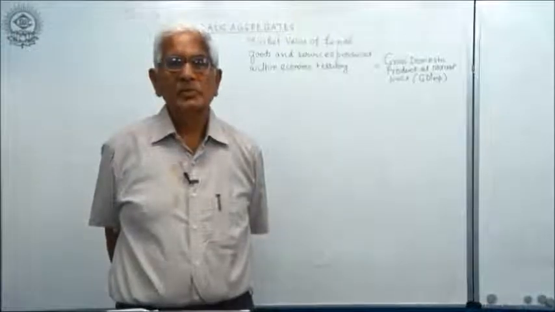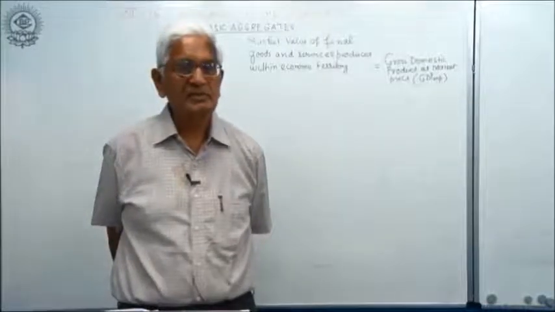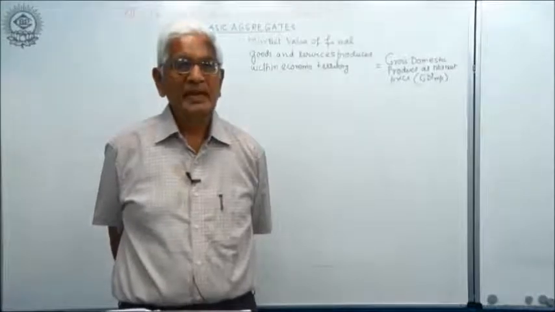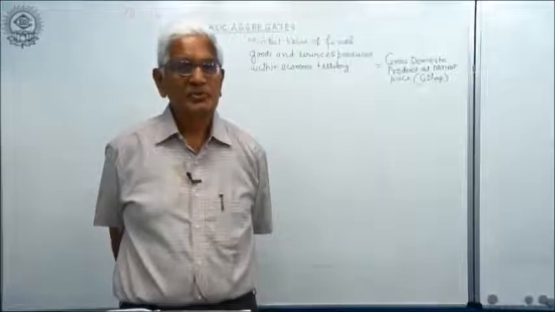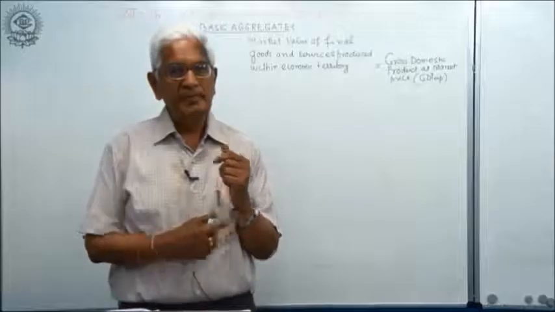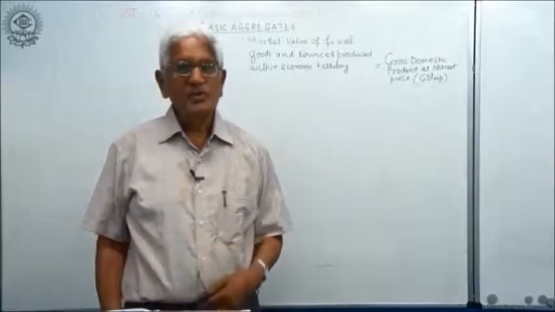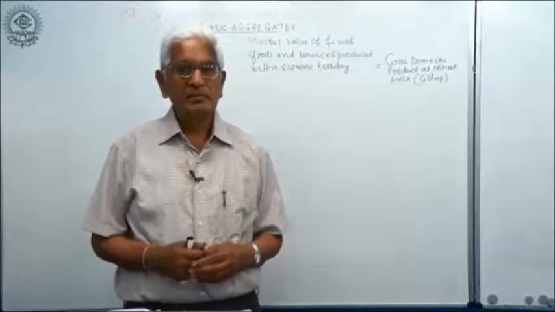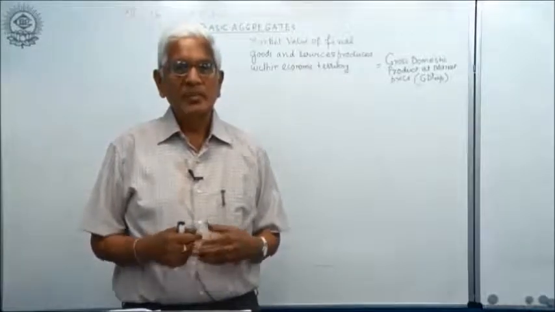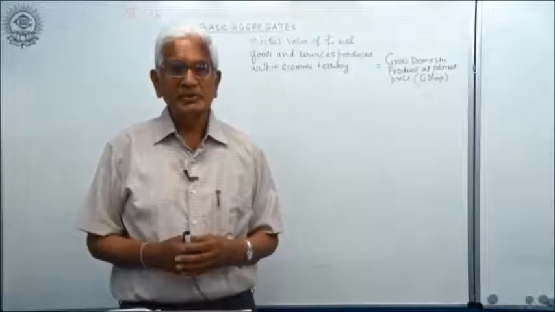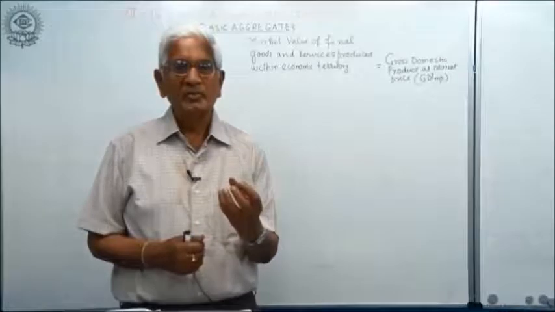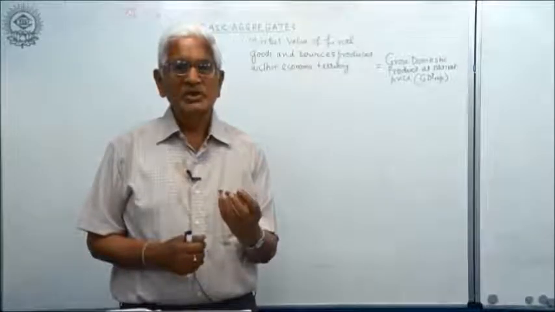We now come to the basic aggregates. By basic we mean the main aggregates used in the study of national income. The most basic aggregate, which is used throughout the world in making comparisons between countries, is in short form called GDP.